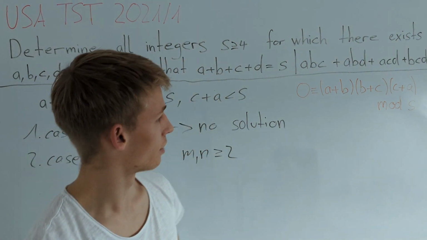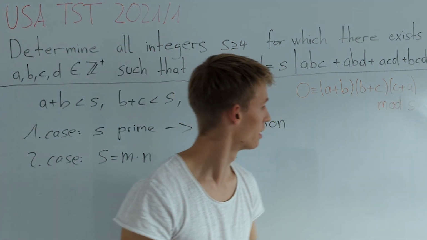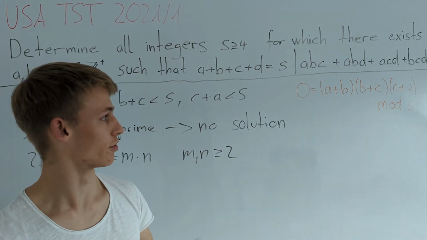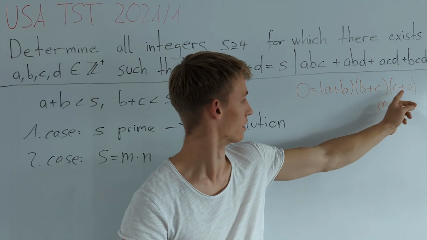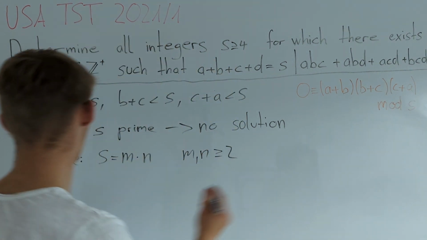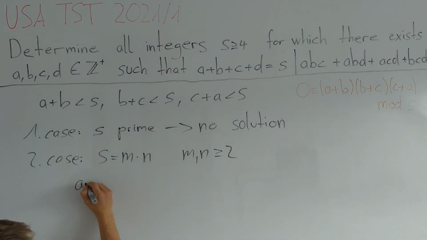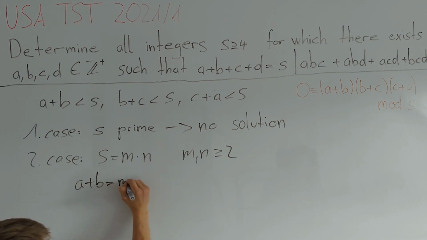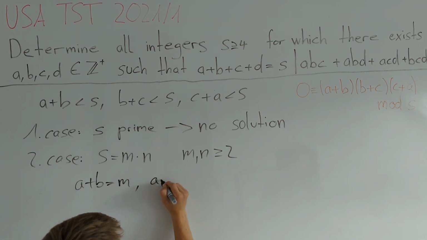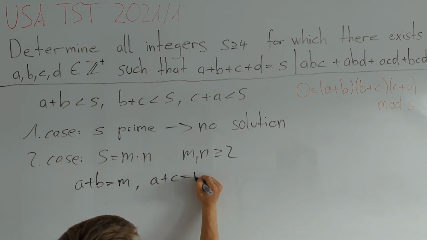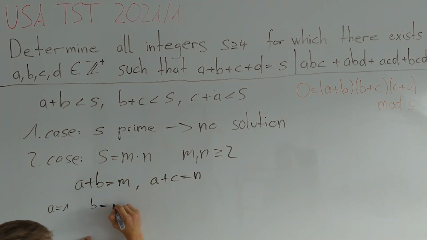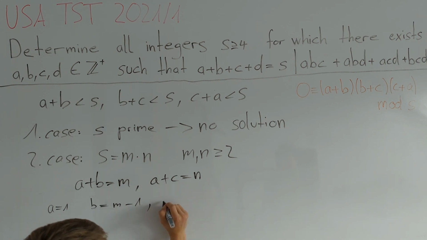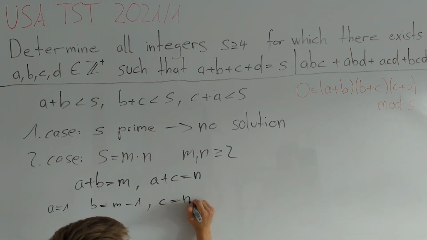So now, in order to get this product here to be congruent 0 modulo s, we want to have these two factors, m and n, as factors here. Therefore, maybe our idea is to set a plus b equals m and a plus c equals n. The easiest way to achieve this is if a is equal to 1, b is equal to m minus 1, and c is equal to n minus 1.